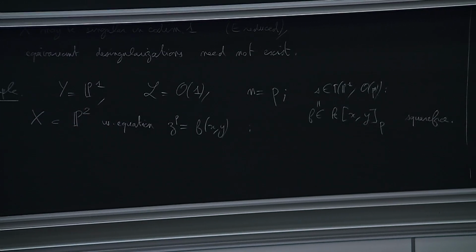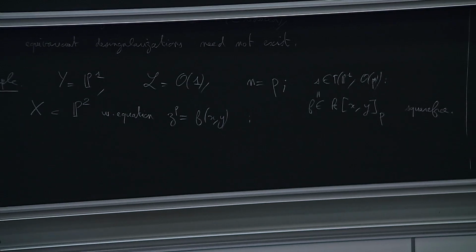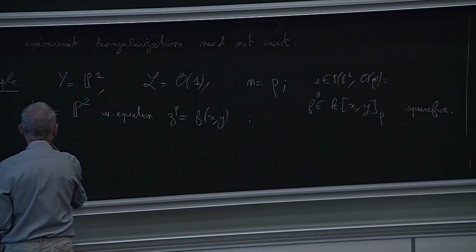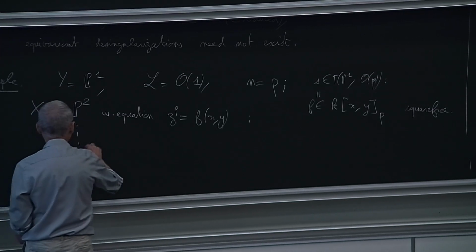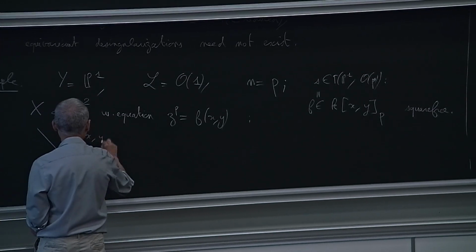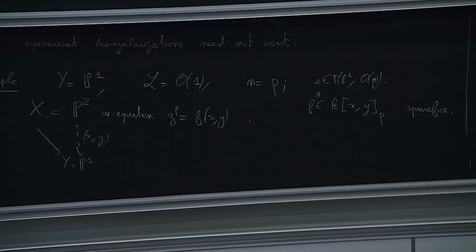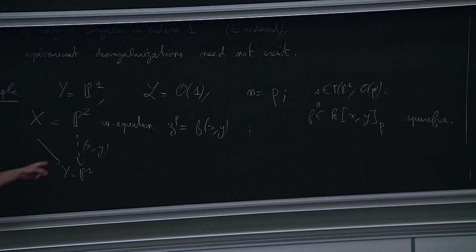And what you see is the projection to y, which is P1. It's just a linear projection, which is given by this coordinate y. And I should identify the action of mu p on this P2.